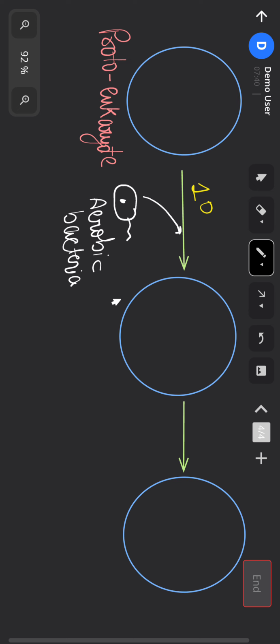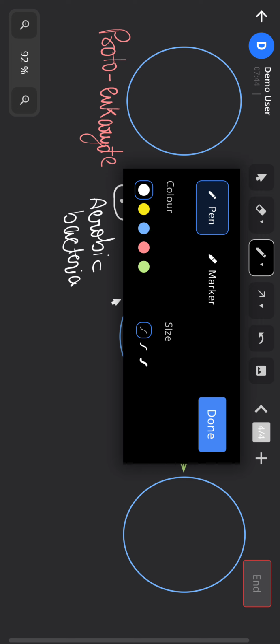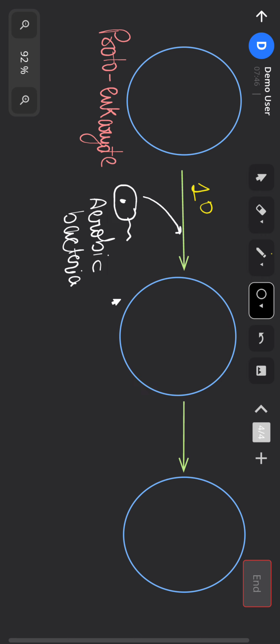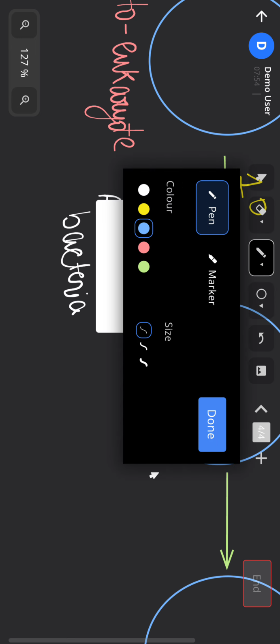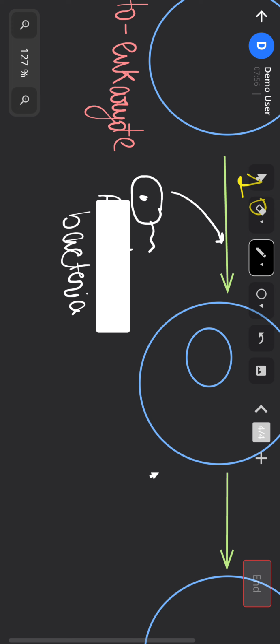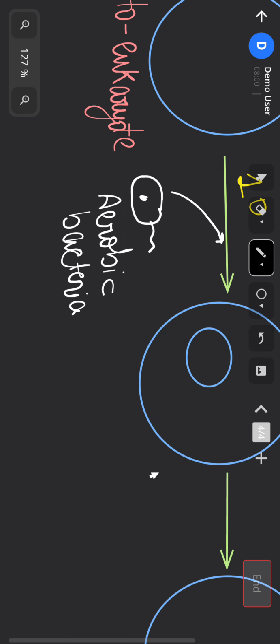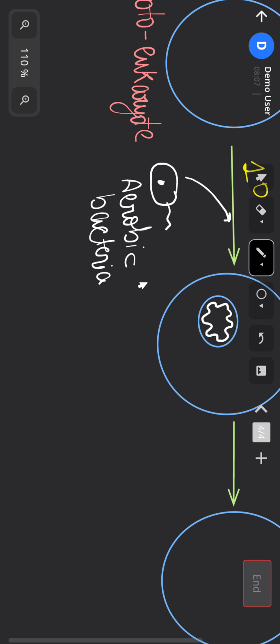So it entered the proto-eukaryote cell, and during entering, one membrane is provided by the host cell itself. The proto-eukaryote cell you can also call the host cell, and the membrane of the bacterium formed the inner membrane. So this formed the mitochondria.